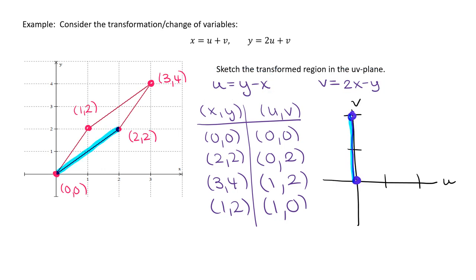Finally, they want us to sketch this region in the uv plane, so I'm just going to draw these points and connect them in the same order they are on the screen. The point 0, 0 stays at 0, 0, and it is connected to the point 2, 2, which moved to 0, 2.